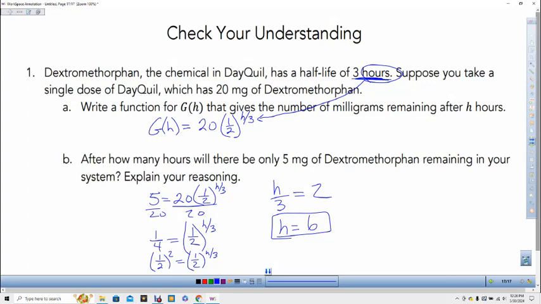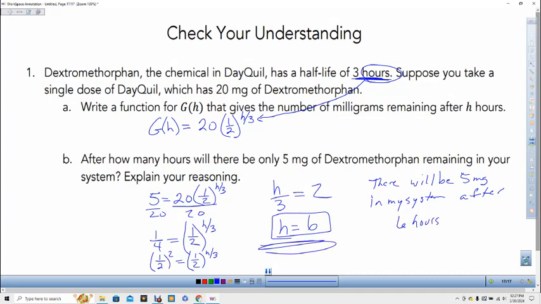So after how many hours will there be only 5 milligrams of dextromethorphan remaining in your system? 6 hours. So there will be 5 milligrams in my system after 6 hours.